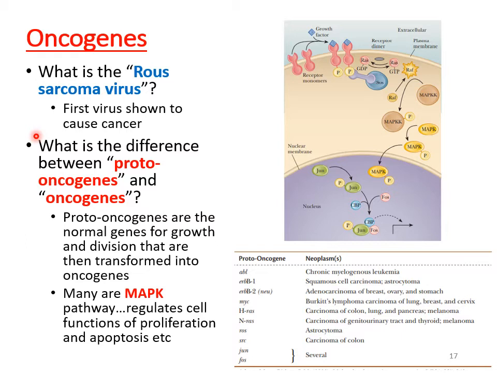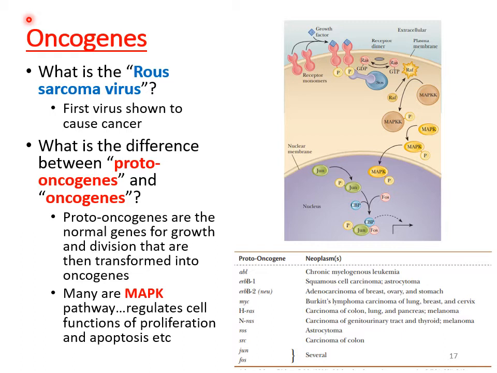Now, when we talk about oncogenes, we keep saying these are genes associated with cancer and causing cancer. And 2 terms that you'll see are proto-oncogenes and oncogenes. And the difference is that the proto-oncogenes are basically the normal version of the gene. So proto-oncogenes are normal, they're necessary for the proper regular growth and proliferation of the cells.